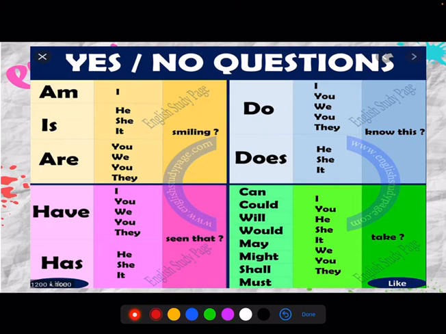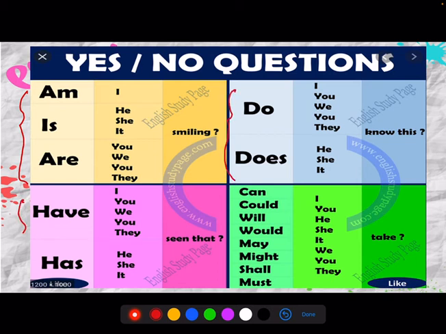As we said before, in WH questions, there are some special words that we have to use, which are the WH words. In yes/no questions, we have to use these words. We have the verb to be: am, is, are, and we have the verb to do: do and does.